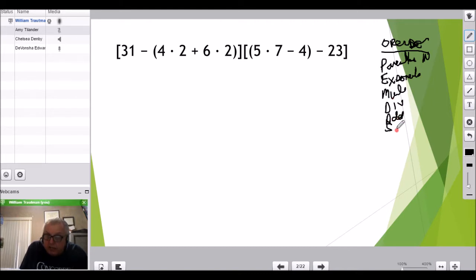By the way, I've got 20-some questions, so I'm going to try to go quick. We're going to do what's inside the parentheses. If you look here, these are parentheses, and there are two sets of parentheses here. One contains an entire parentheses and it's multiplying. There's an invisible multiply sign between there, and there's the other set.